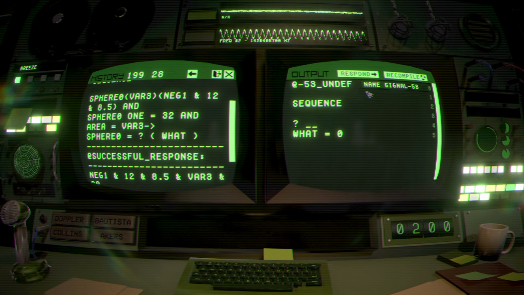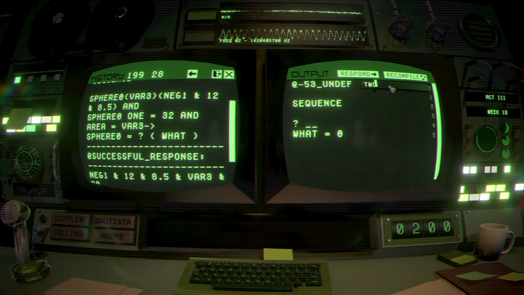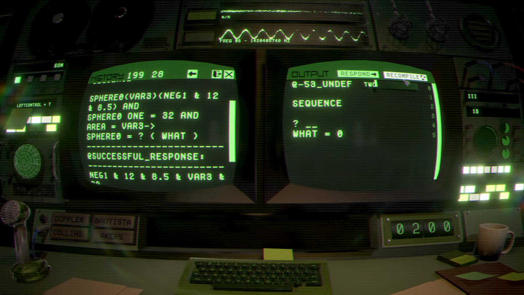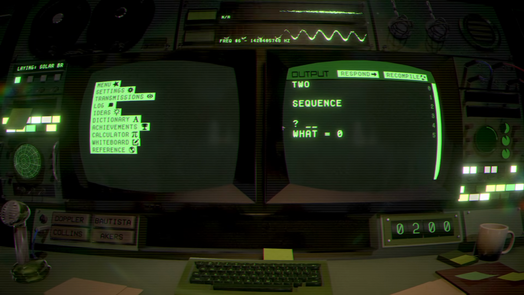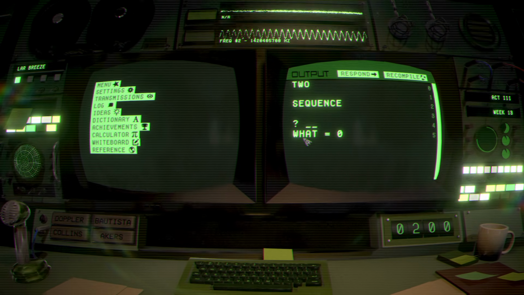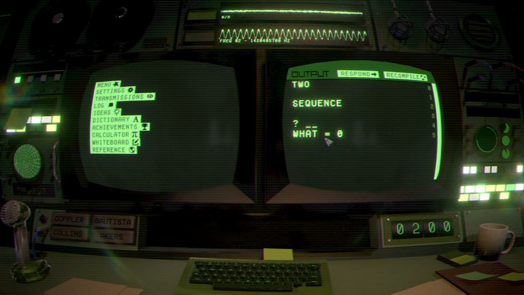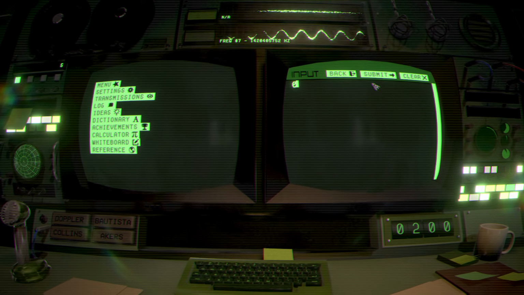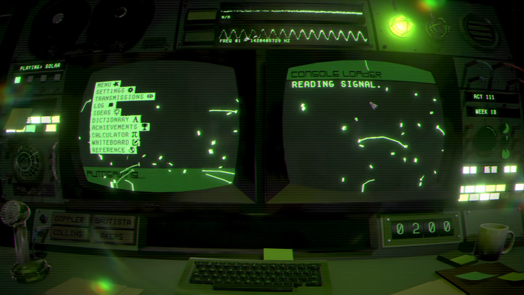Desperately want to know. Okay, so now we have another mystery variable. I'm just going to call this one 2. We already have a question mark and a 1 sitting out there, so our actual deciphering of words right now is not fantastic. Something sequence question mark what equals 0. Okay. Classic what equals 0. Purely informational.